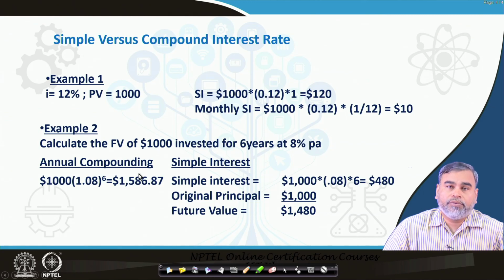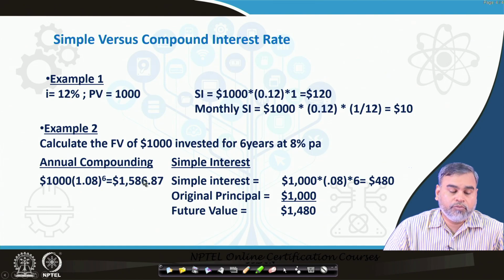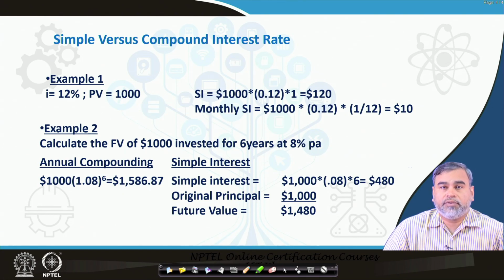So, with 1.08 to the power 6, the money becomes 1586.87. That is why we get more money with compound interest. The reason is that the interest on interest component is added there, whereas with simple interest, the interest on interest calculation is not considered for realization of the income.